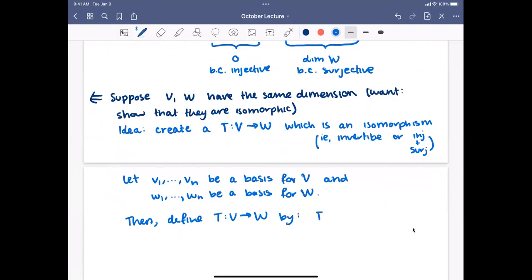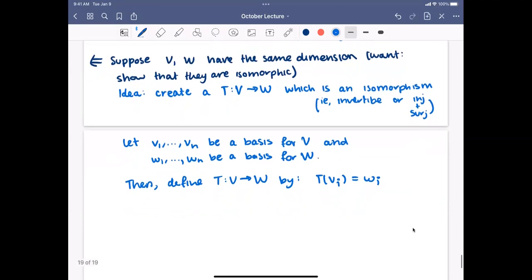So we'll just ask that T send the ith basis vector of V to the ith basis vector of W. So it just sends one basis vector to the other. And then we had a result previously that told us that this does in fact define a linear map. So now we have to show that this is an isomorphism.